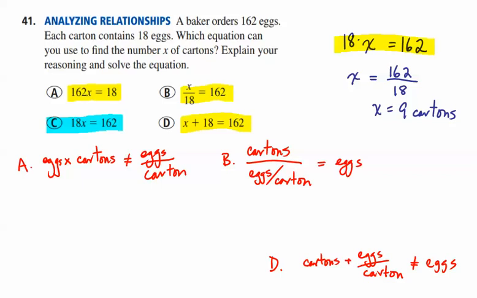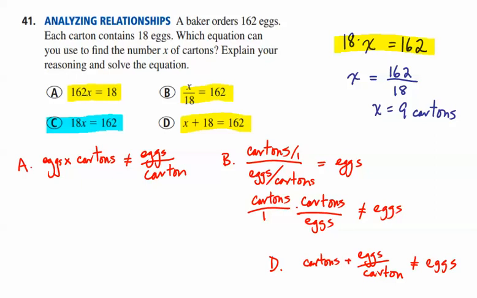Now, if we were to use our ideas of dividing fractions, if we put cartons over 1, and then multiply the numerator by the reciprocal of the denominator, we would get cartons over 1 times cartons over eggs, and that should come out to be square cartons divided by eggs, and we know that that is not equal to eggs. So B cannot be the correct answer.